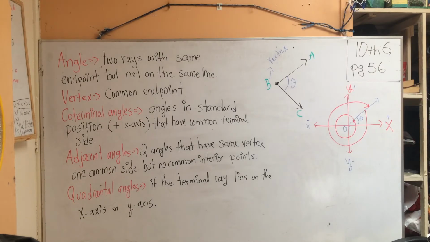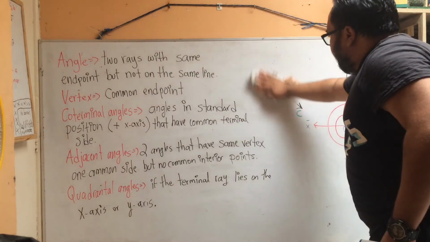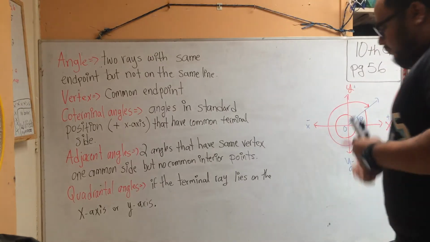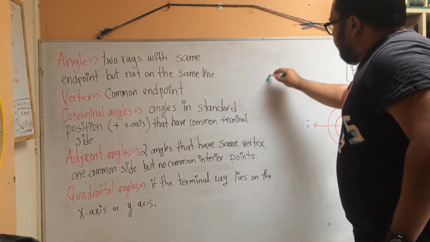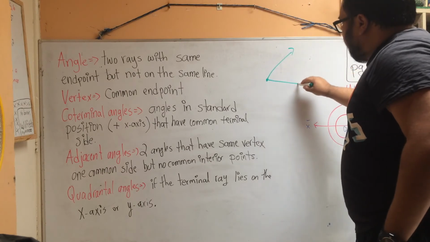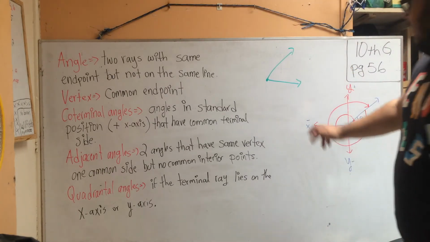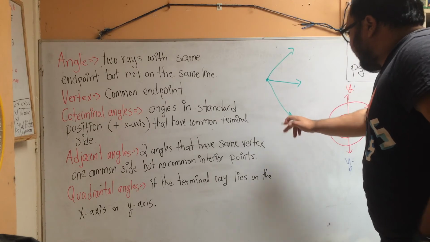Okay, so if we're talking about an adjacent angle, let's use this one also as an example. So if we have this angle here, okay? An adjacent angle is going to be, for example, this one.